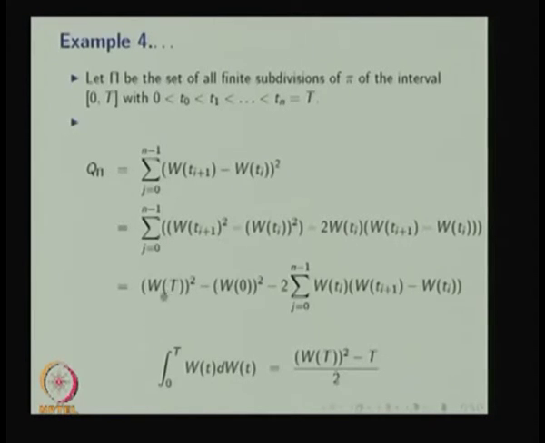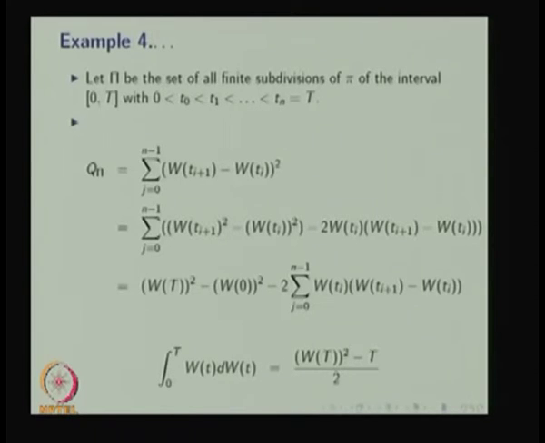Therefore you will get W_T whole square minus capital T equal to minus 2 times the integral, so it will be divided by 2. Hence the integral from 0 to capital T of W_t dW_t becomes (W_T whole square minus capital T) by 2.